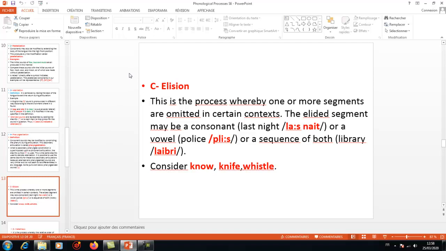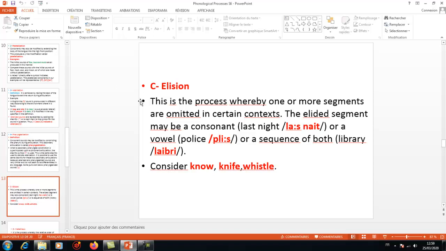Having done now with different kinds of secondary articulations, let's go back to the phonological processes we started at the very beginning of this lecture. You still remember that we talked about assimilation as a first process, followed by dissimilation as a second one.